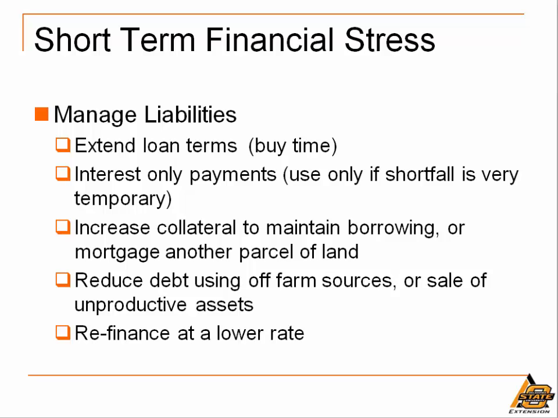Liquidity positions can sometimes be improved by mortgaging long-term assets to borrow additional funds to pay the bills with. Sort of an opposite approach, sometimes debt can be reduced by selling unproductive assets or by utilizing off-farm income or off-farm capital sources to pay down debt.